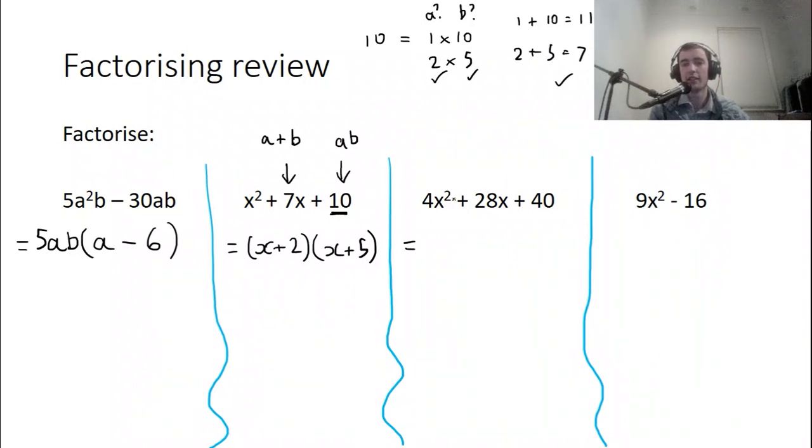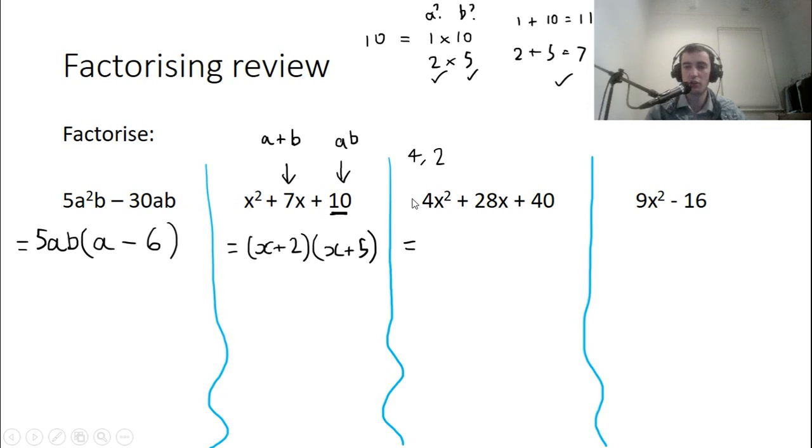Okay. Now let's look at this one. Are there any common factors here? Well, these two have x, this one doesn't. Let's look at the numbers. Maybe the numbers have some common factors. If you look at the number 4, it has some factors, so that would be 4 and 2. They are the only factors that we're interested in.